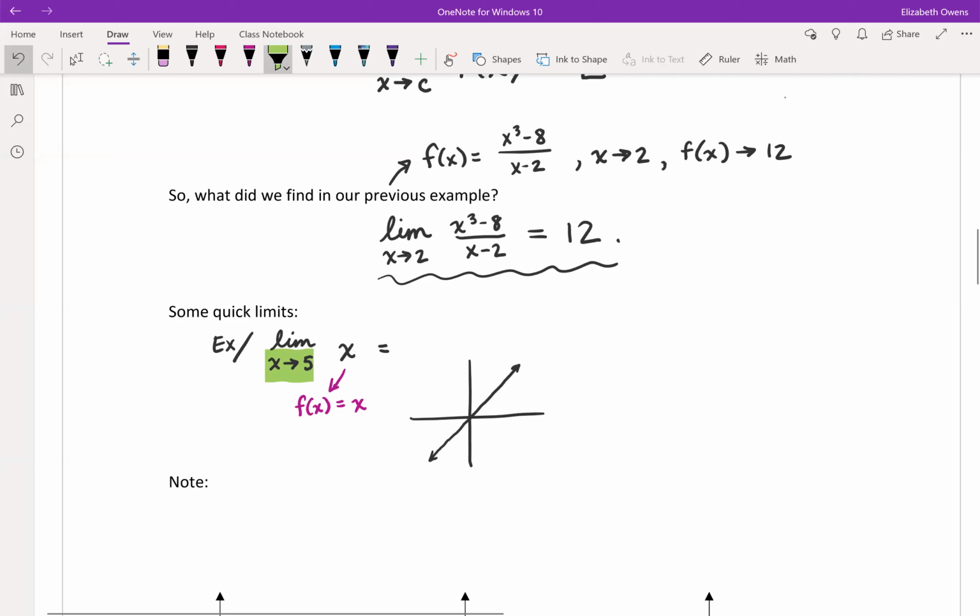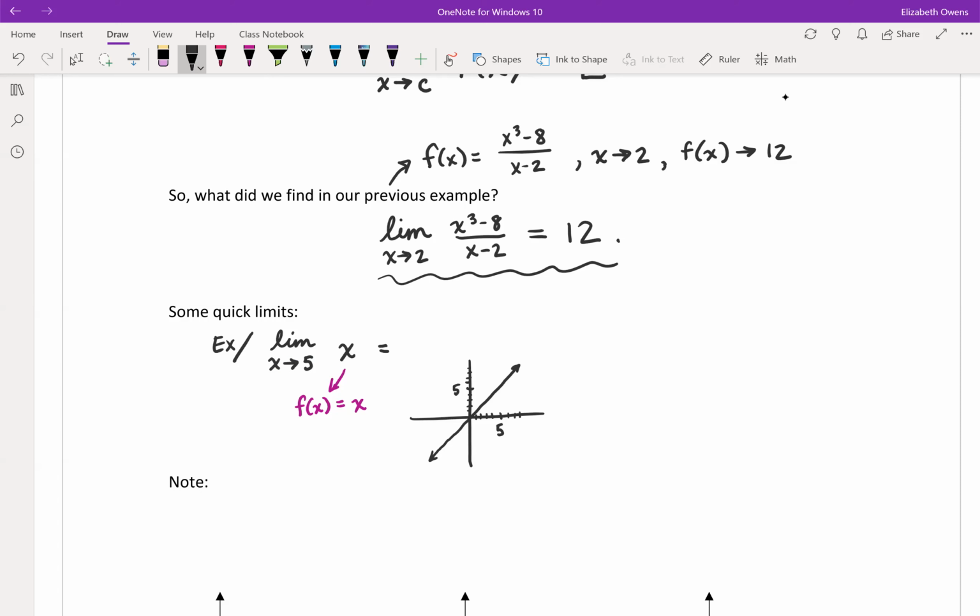So we want x to get real close to 5. Let's put 5 on our little graph here: 1, 2, 3, 4, 5, and 1, 2, 3.